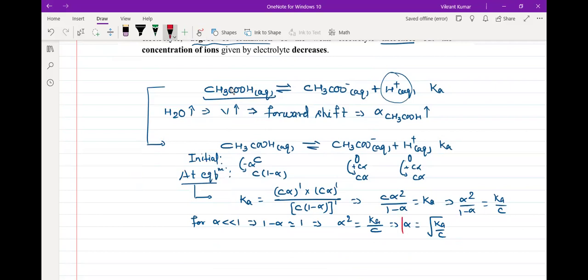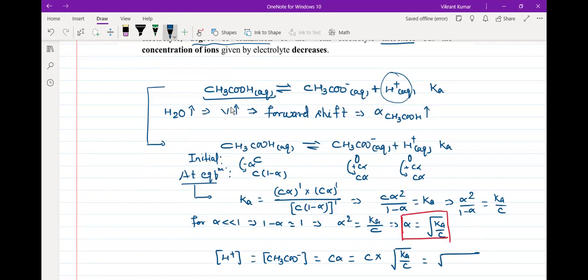And the second expression: if I'm talking about the concentration of any ion, say H plus or CH3COO minus, it is C alpha. So C alpha is becoming C into under root K upon C, which is becoming under root K into C. So this is the second part.